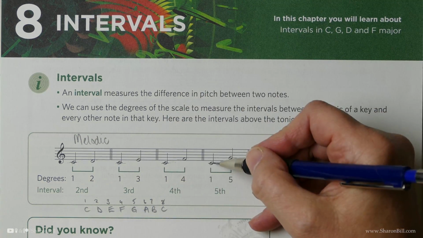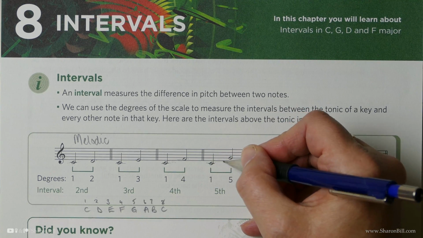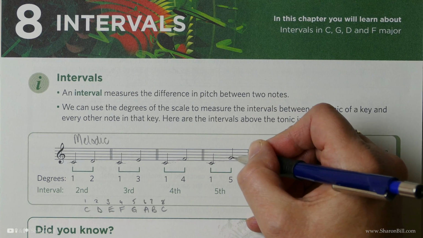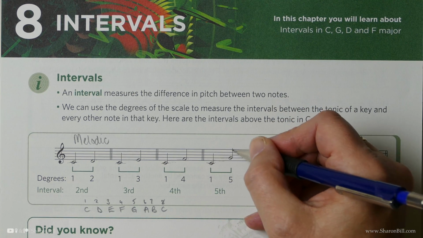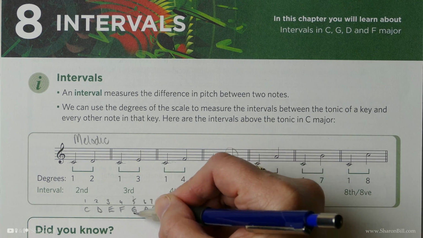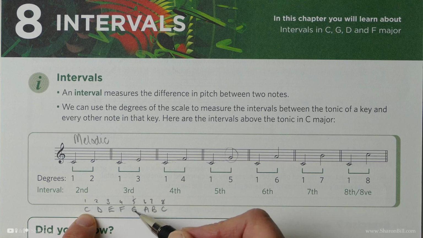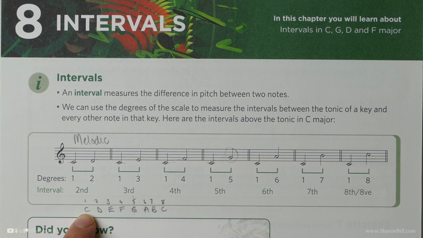So let's jump to this next one. So we're going to count a fifth. 1, 2, 3, 4, 5. Line, space, line, space, line. However, we can see that this is a note G, and we can see that note G is the fifth. So from C to G is a fifth. So you could just kind of double, triple check it that way.